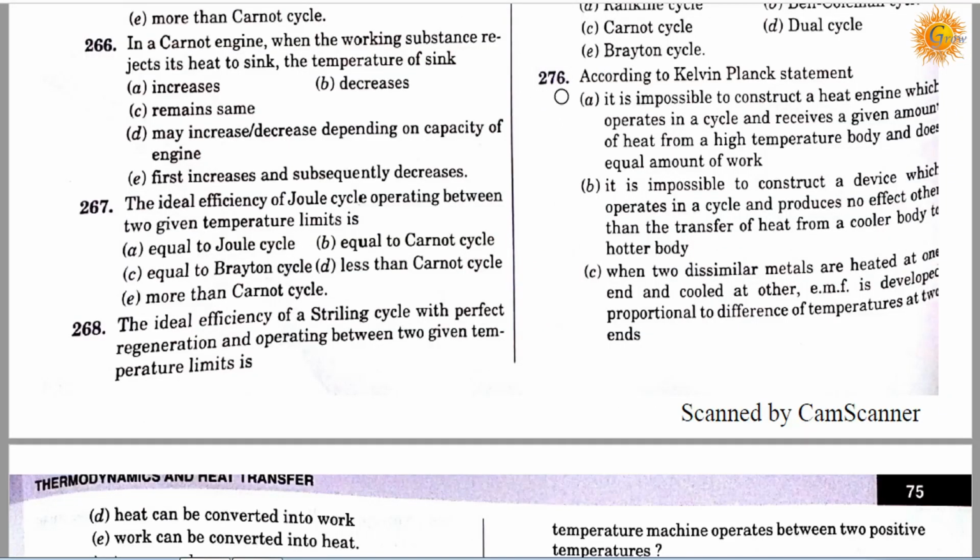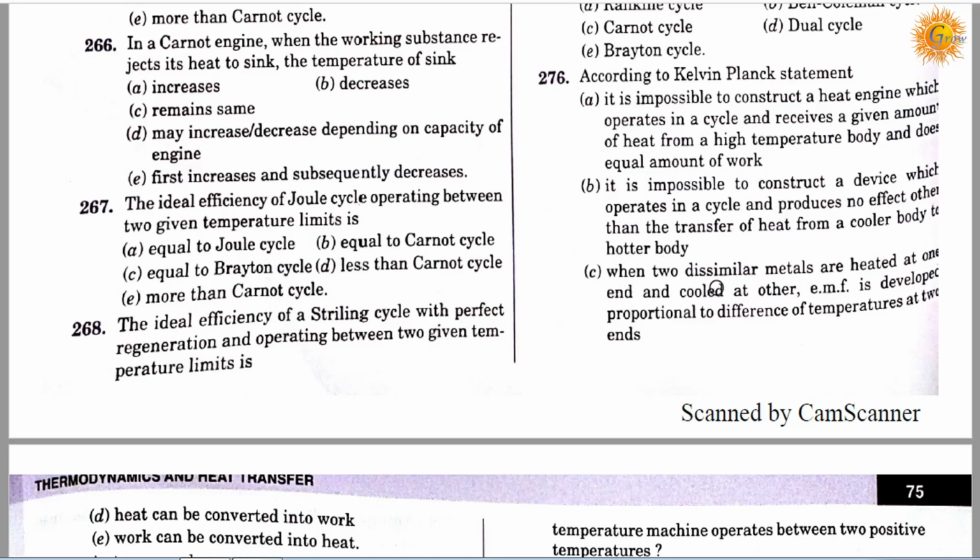Question number 276. According to the Kelvin-Planck statement, option A, it is impossible to construct a heat engine which operates in a cycle and receives a given amount of heat from a high temperature body and does an equal amount of work. Option B, it is impossible to construct a device which operates in a cycle and produces no effect other than the transfer of heat from a cooler body to a hotter body.